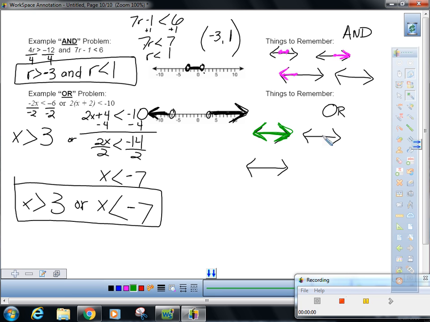We could have a ray going in one direction. We could have a ray going in the other direction. And finally, we could have 2 rays with the ORs going in each direction. So those are what your answers can look like.